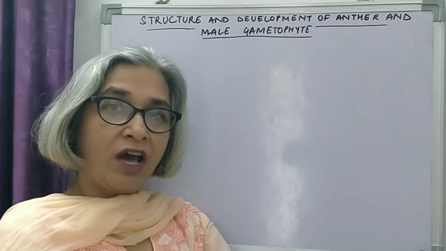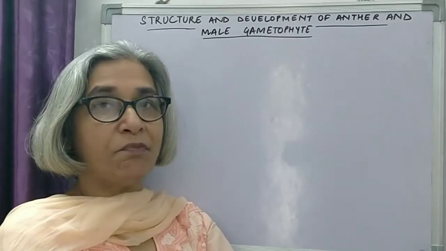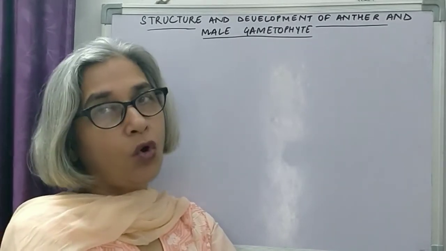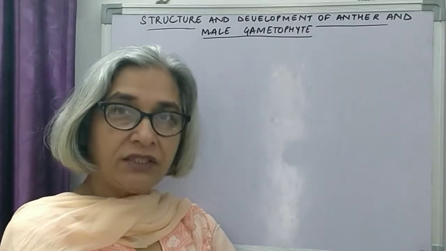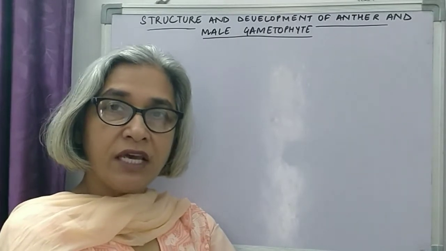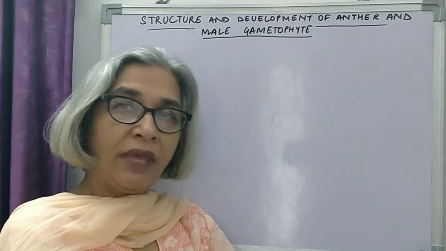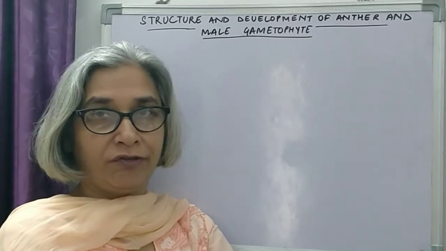Each flower either has male and female parts or any one of the two. That is, a flower can be bisexual or it is unisexual. Sometimes the flower lacks both male and female parts, then such a flower is called a neuter flower.